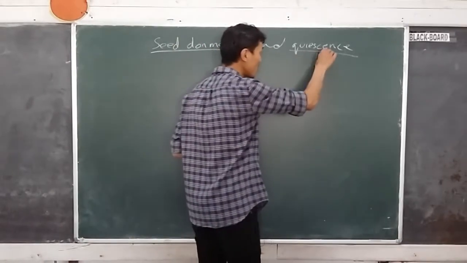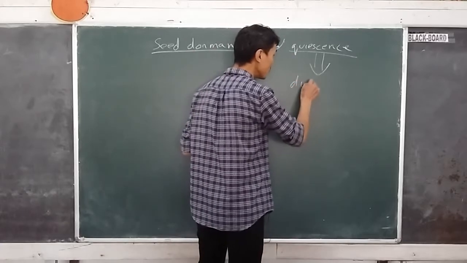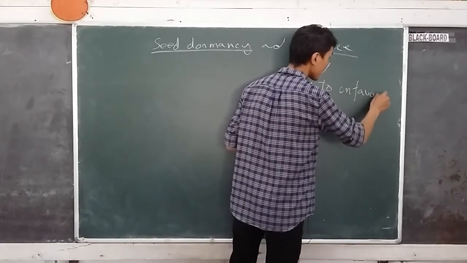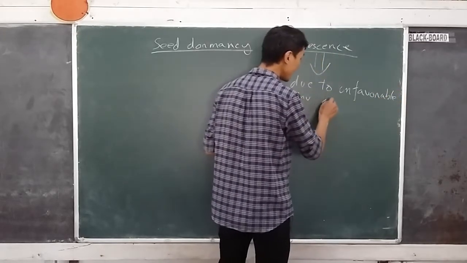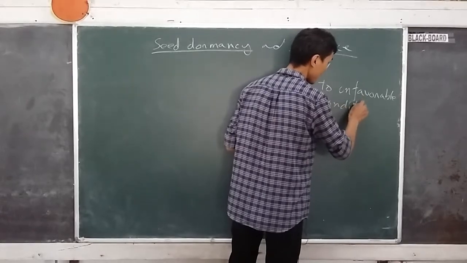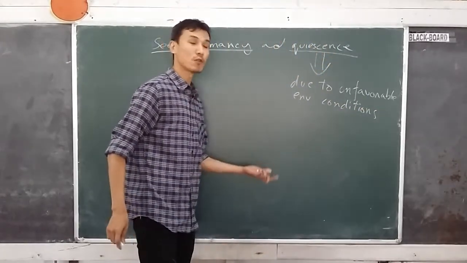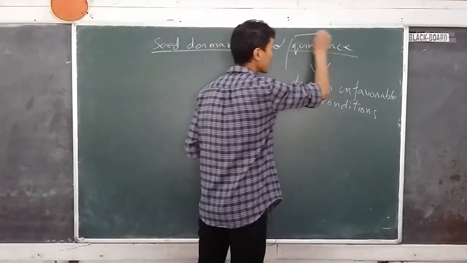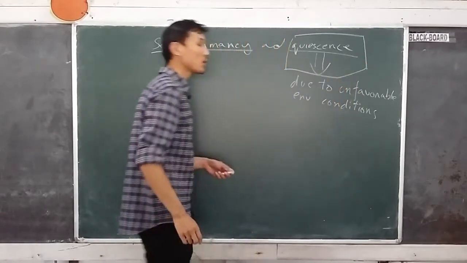Quiescence is generally a condition in which the seed is not able to germinate due to unfavorable environmental conditions. That means if the seed does not receive proper air, water or temperature, the seed will not germinate. Such a thing is due to unfavorable conditions and it's called quiescence.